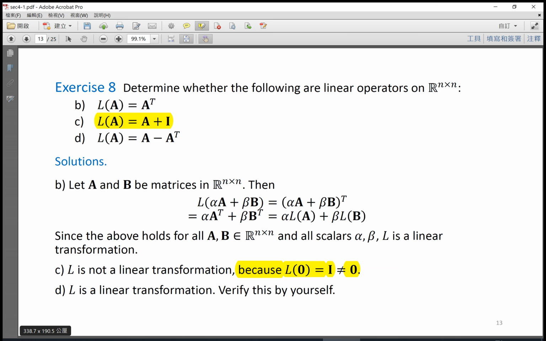Therefore, L is not a linear transformation. In case D, L of A is defined as A minus A transpose, and you can follow similar steps as in case B to show that L is a linear transformation.